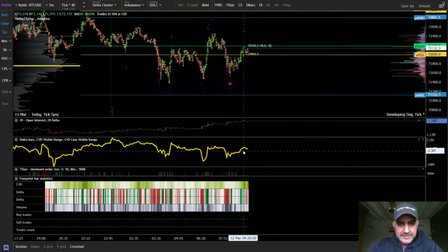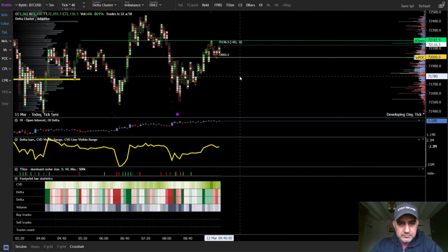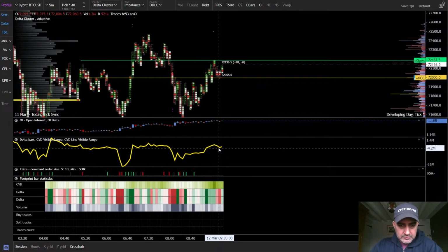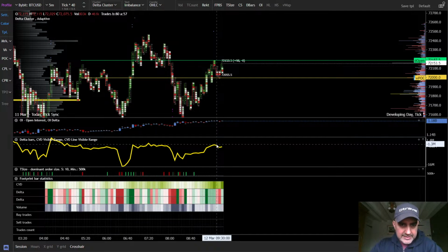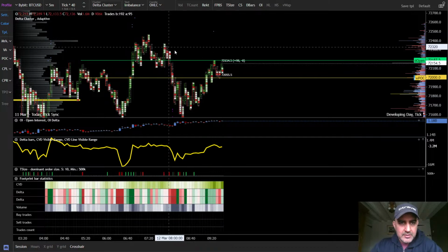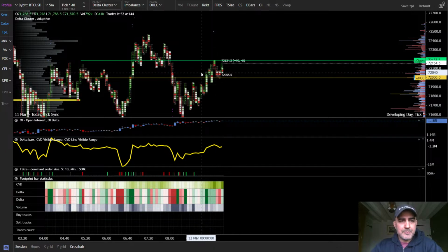And that led us to the current price action, which is looking to be bearish CVD. Almost higher. It is actually higher technically because it's above this little second peak, slightly higher than this peak here, and the price is lower. So we have a little bit of local bearish CVD.